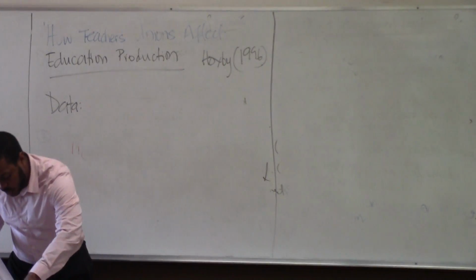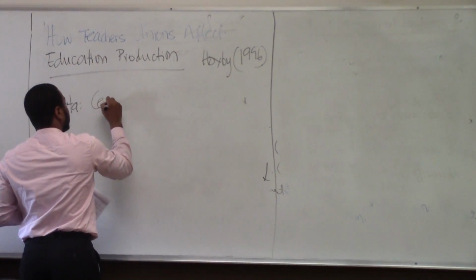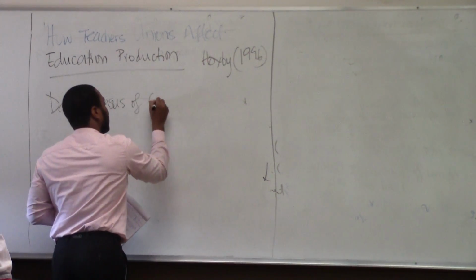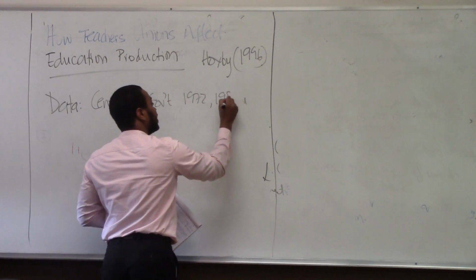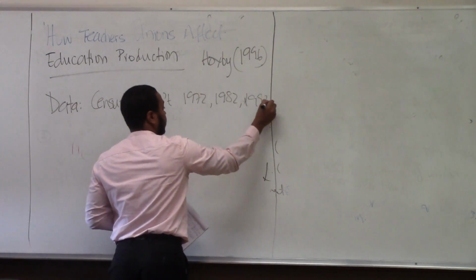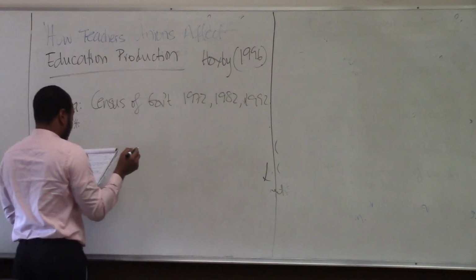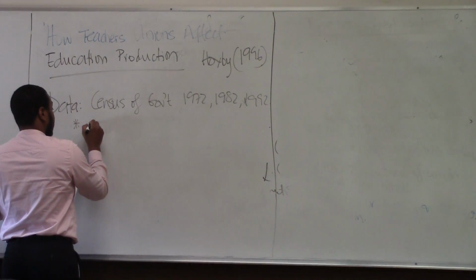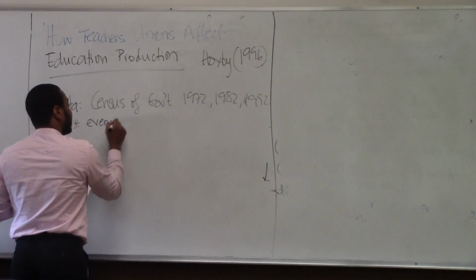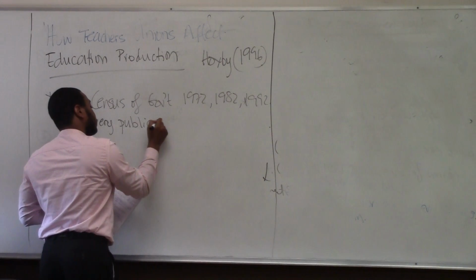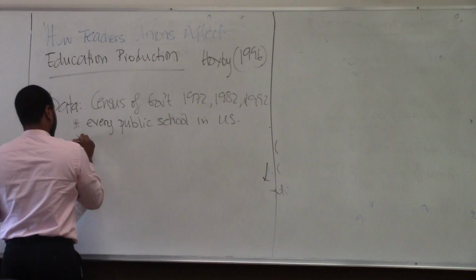And so the data that's used here is data from the census of government. So the data is from the census of government in 1972, 1982, and 1992, right? And Hawksby has data on every public school in the US, so just very good data.